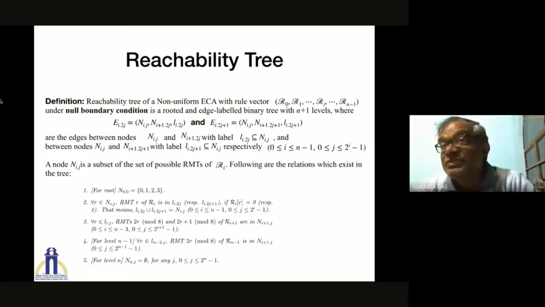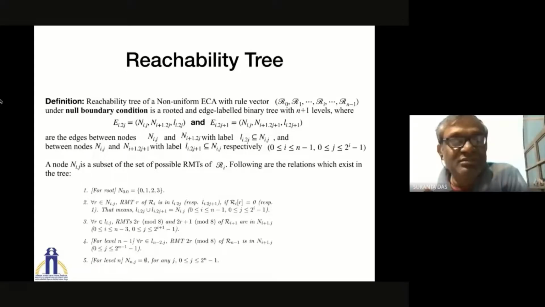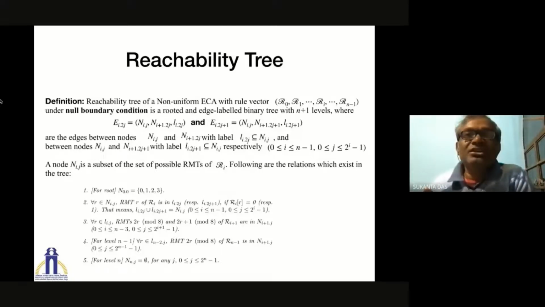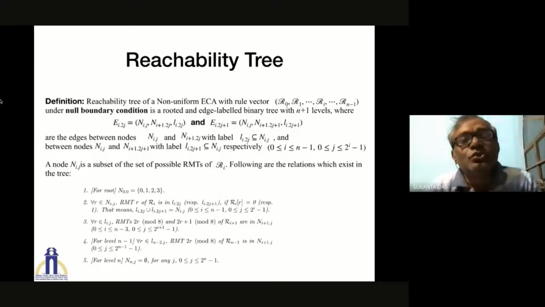Just now I said that for the null boundary condition, for the last rule, the odd RMTs are invalid, because with a null boundary, the rightmost input will always be 0. So 0, 0, 1 cannot come for the last rule. If R3 is my last rule, then 0, 0, 1 cannot be activated.